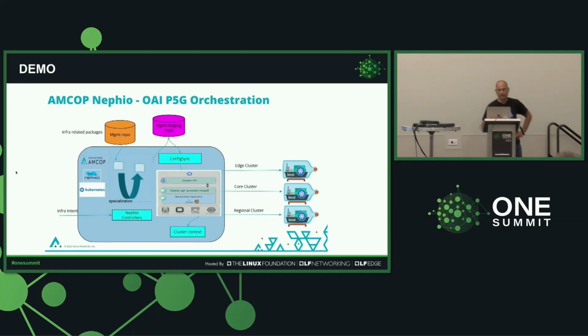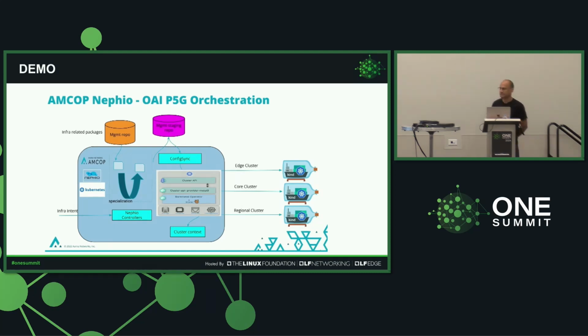So we've already looked at this. So we have blueprints that are in a repo. And then using the package variant topology controller, the package variant controller, we create the technical intent that is created for 3 clusters: the edge cluster, core cluster, and the regional cluster.